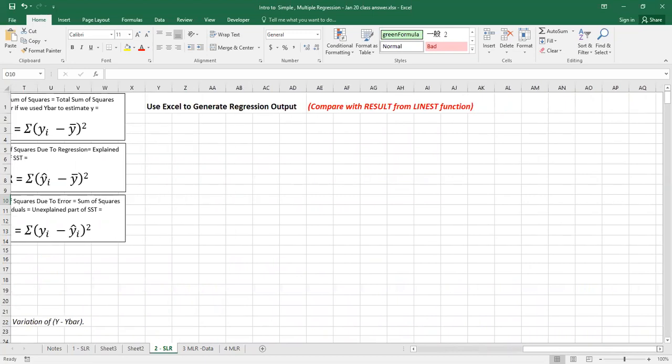Gamitin natin guys yung Excel, gamitin natin dito naman si XLRealStat, no? Okay, first let's use the data analysis toolpack ni Excel, and then we'll generate also the output here in XLRealStat. Okay, how do we generate the regression output using Excel?